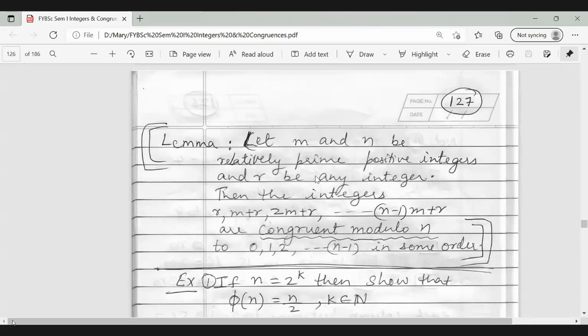Means जो column में 5n numbers क्यों है? Okay, then the integers 0 into m, 0 into m plus r, 1 into m plus r, 2 into m plus r. ये जो जब भी congruence पढ़ोगे ना, that is the next topic actually.